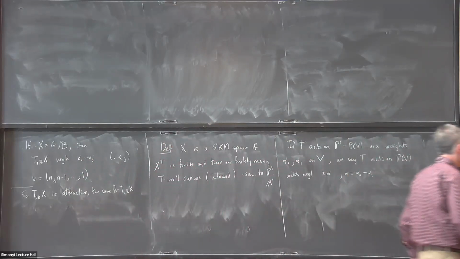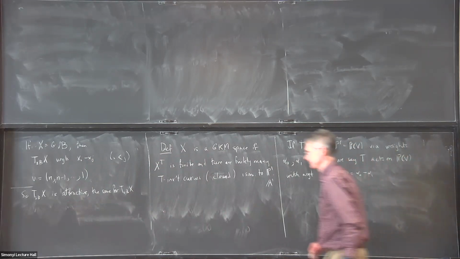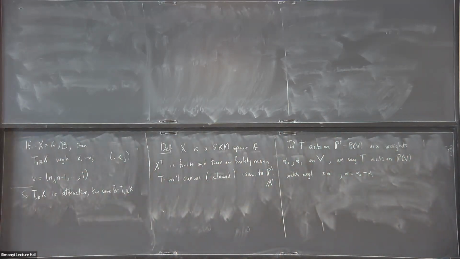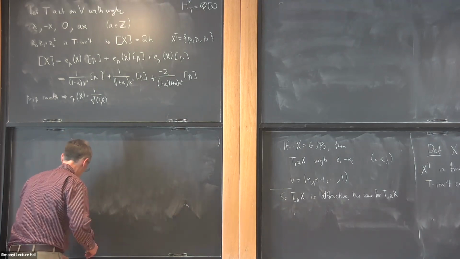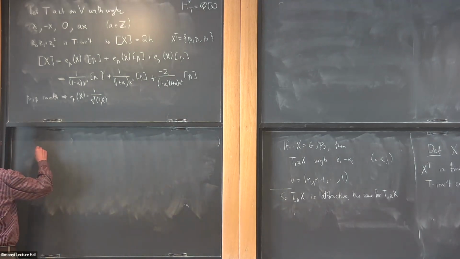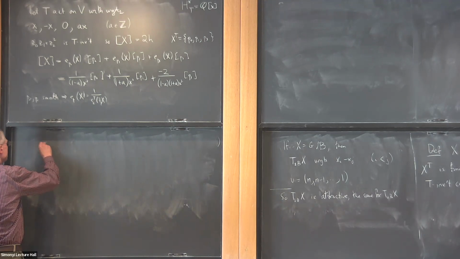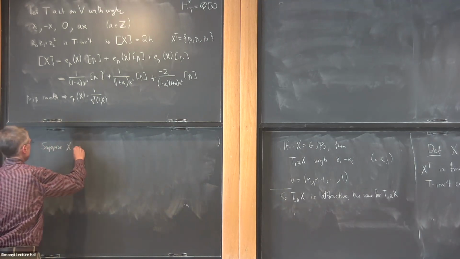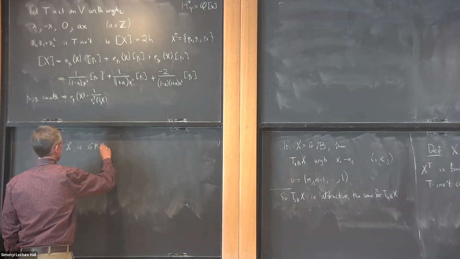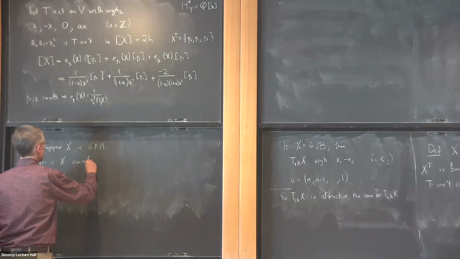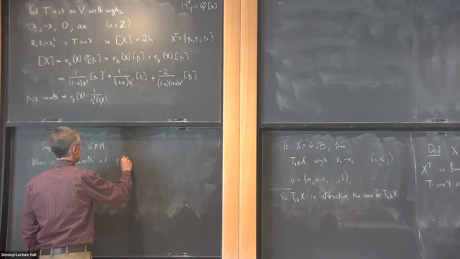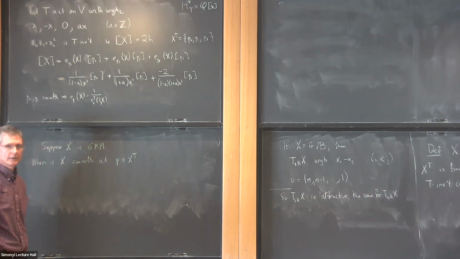So now suppose that X is GKM, and I want to give a condition: when is X smooth at a point P in X^T?